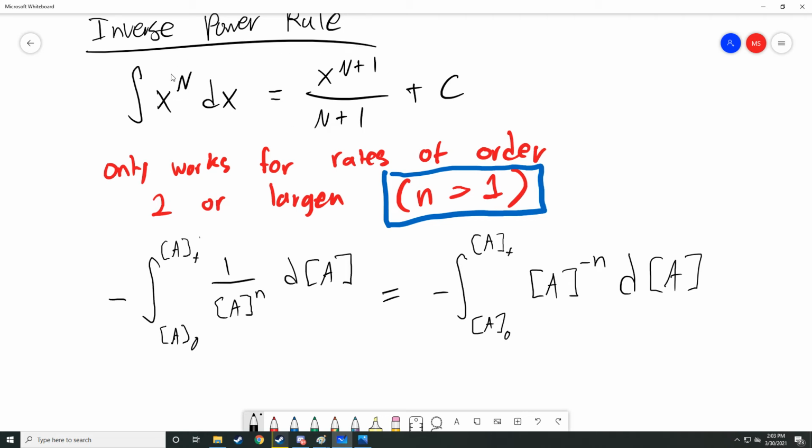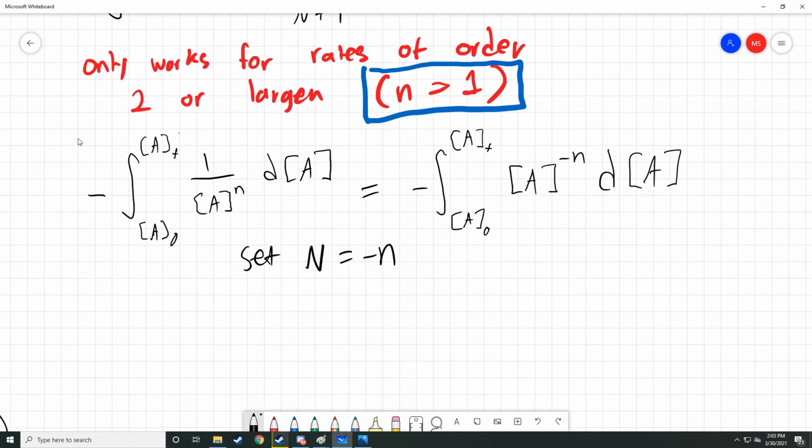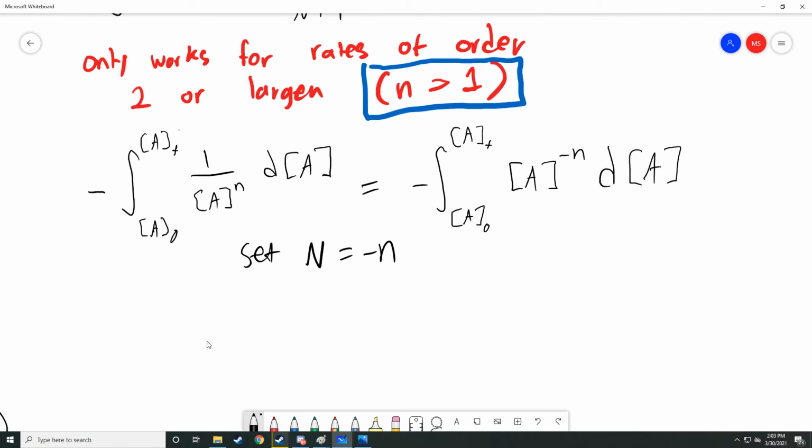So here I'm going to set capital N equal to negative lowercase n, and we're going to apply the inverse power rule. So when we apply the inverse power rule here, we're going to keep the negative sign out front, and we are going to get the concentration of A to the negative n plus 1 over negative n plus 1.